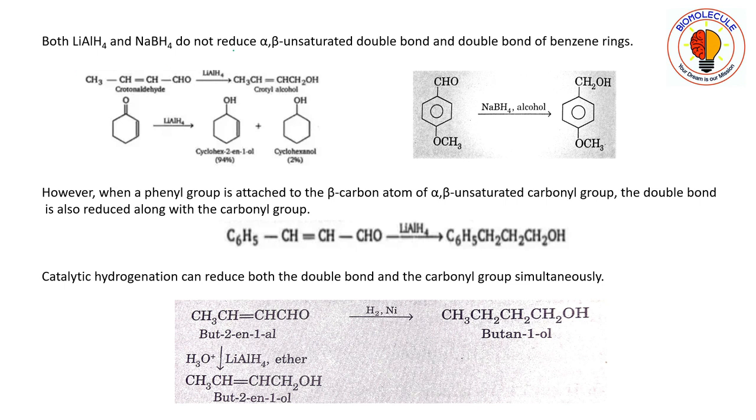Now you can see that lithium aluminum hydride and sodium borohydride do not reduce alpha beta unsaturated double bond and double bonds of the benzene rings.